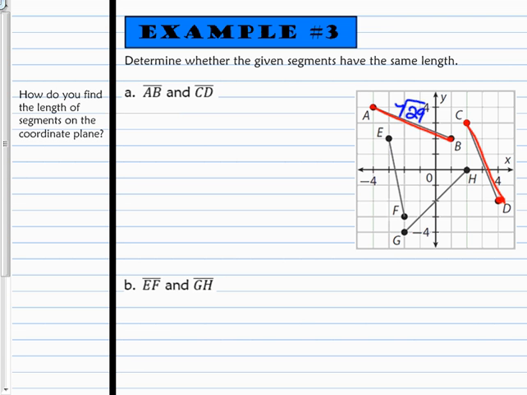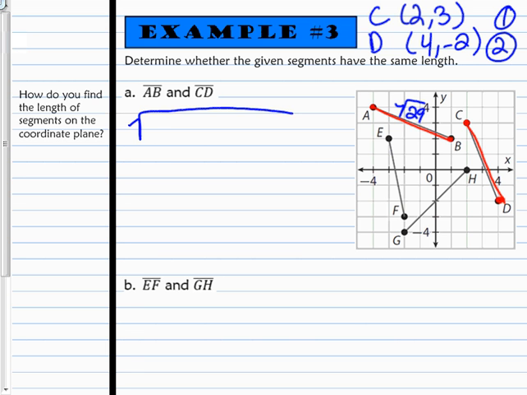So for example, C is located at 2, 3, and D is located at 4, -2. It's so important. This is going to be my first point, my second set of points, because I don't want to make any silly mistakes. And it's worth just taking the time and doing it right the first time.